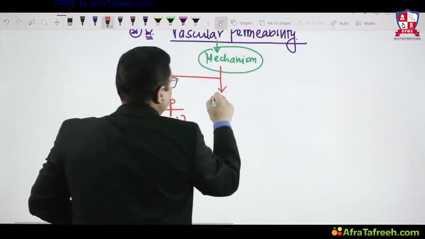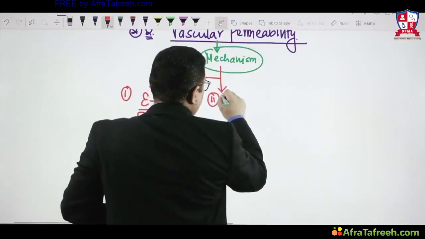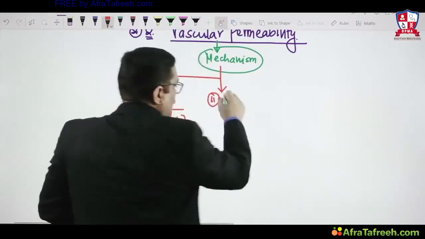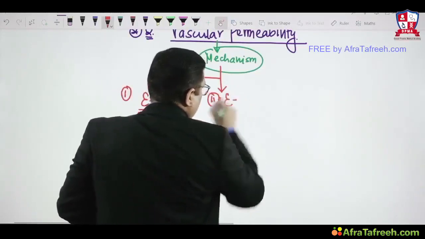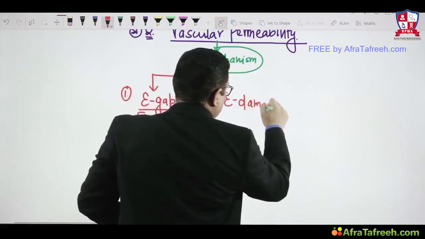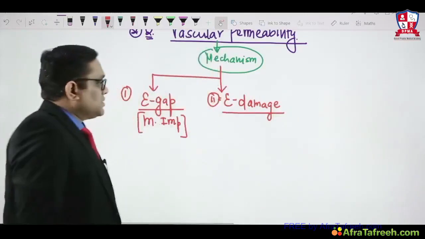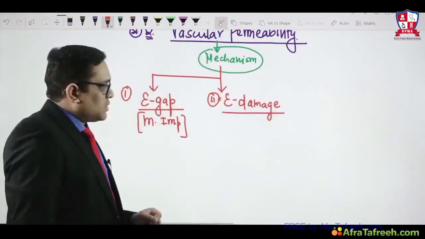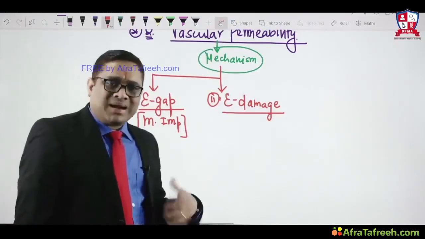The second important mechanism is endothelial damage. We can divide this endothelial damage into two categories: direct endothelial damage and mild endothelial damage.